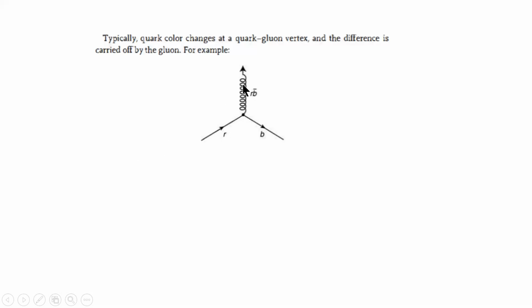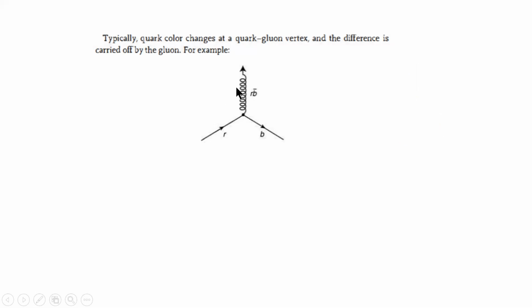There we have studied about interaction by exchange of a photon, right? So we have drawn this wiggly line. There we had studied about electrons interacting by exchange of photons. So here we are studying exchange of gluons.